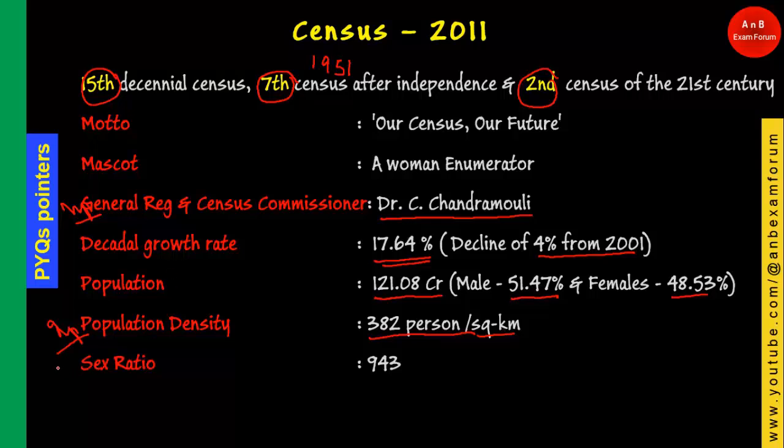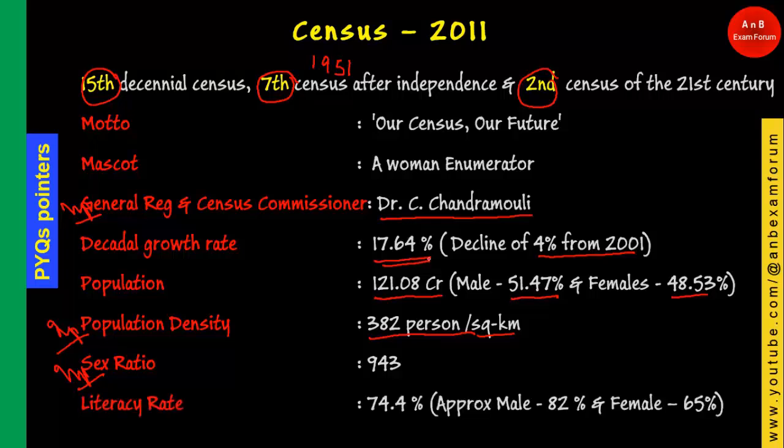Next is the sex ratio, which was found to be 943, that is, 943 per 1000, as the definition says. So 943 is the sex ratio, 382 is the population density, and the decadal growth is 17.64.